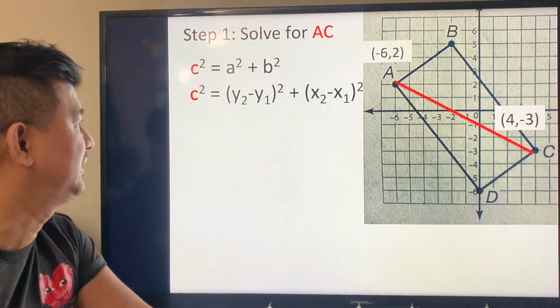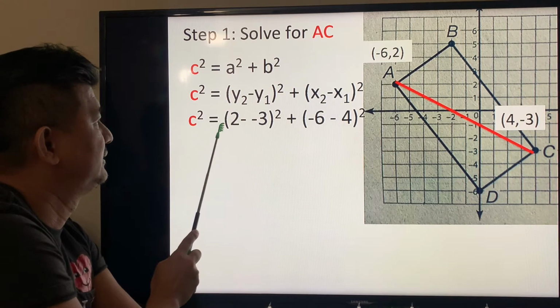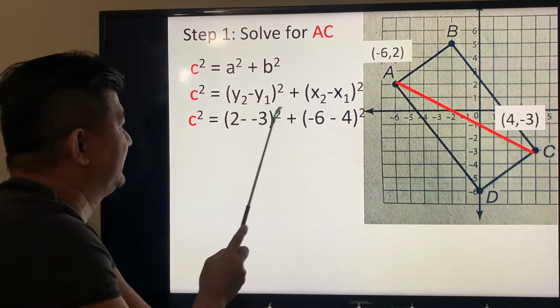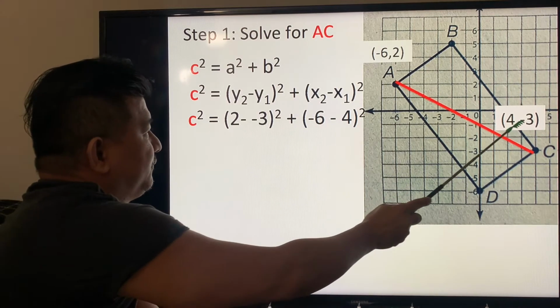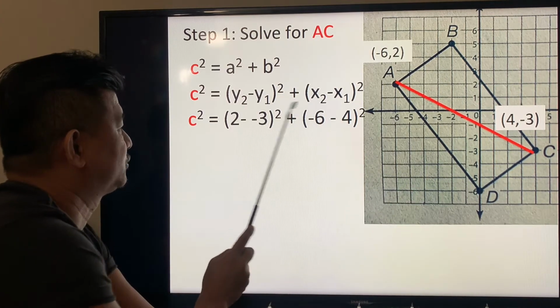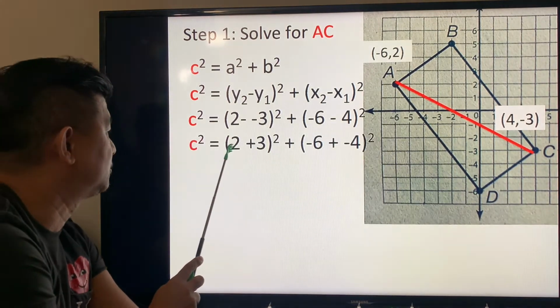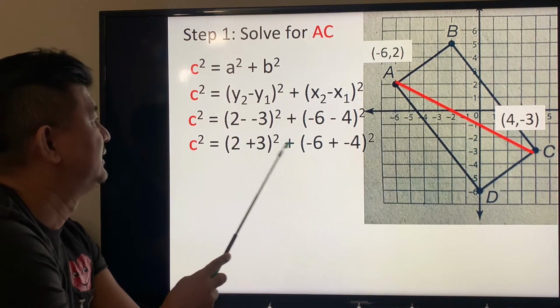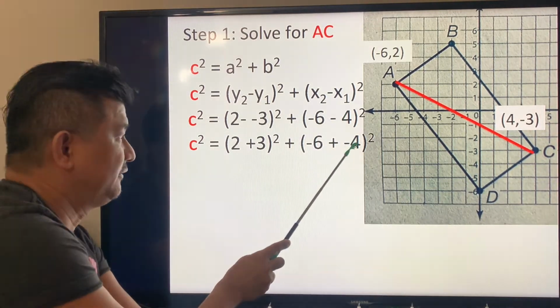Remember distance formula? So let's plug it in. 2 goes here, negative 3 goes there. Negative 6 goes here, 4 goes there. So I subtract, and remember, keep change opposite. That translates to 2 plus 3, negative 6 plus negative 4.